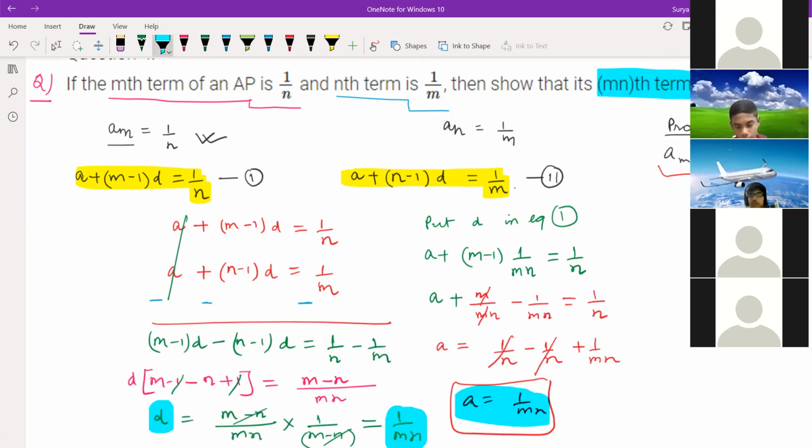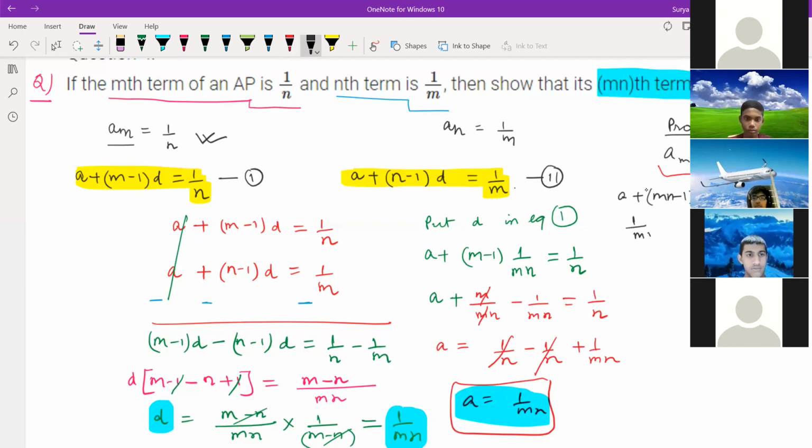Okay. Now we are going to put the values of a and d. So we have to find the mnth term: a plus (mn minus 1) into difference is equal to 1. Sorry, we have to prove this, right? So simply we put the value of a and d over here.